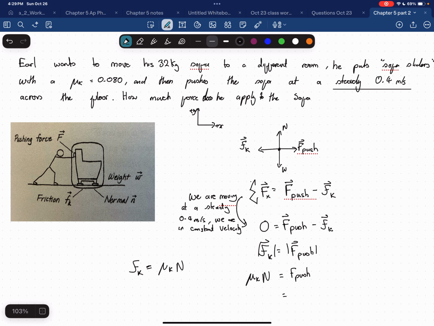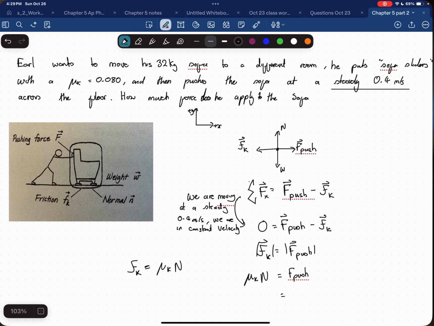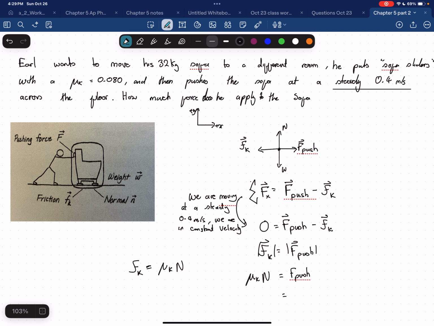We are given the mu k in the question. Our mu k is 0.080. And what's our normal force? That's easy. Normal force is just mg, because our weight points down at minus mg and our normal force points up at mg.